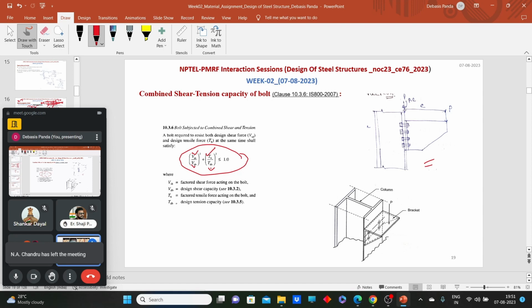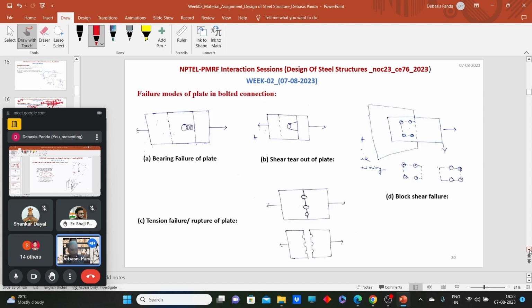We have to check this compatibility condition when we design this kind of connection. We will design these connections in detail, so for now skip these portions and quickly go to the design part.